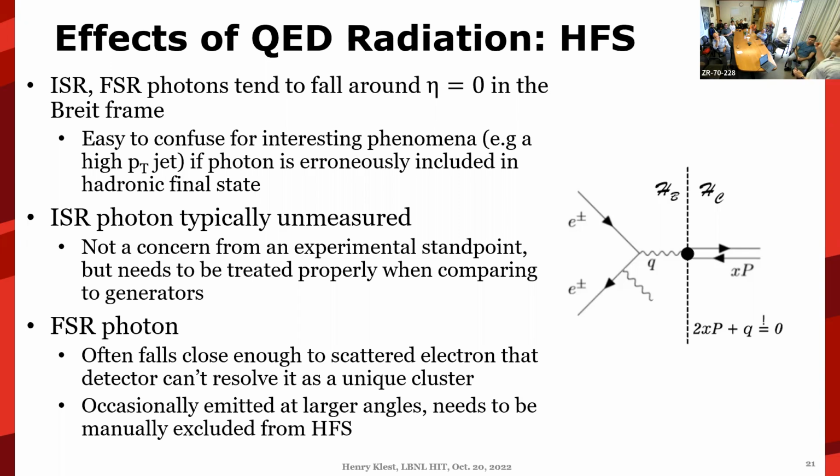The initial state photon actually does: having radiated an initial state photon does affect the kinematics of the event. And then also that photon can, if you accidentally say that's part of the hadronic final state, then you're also confused.